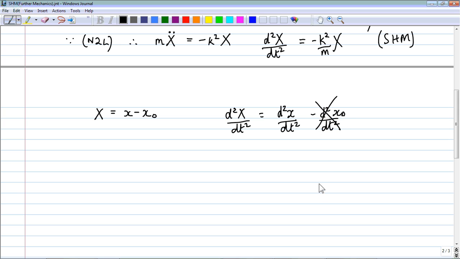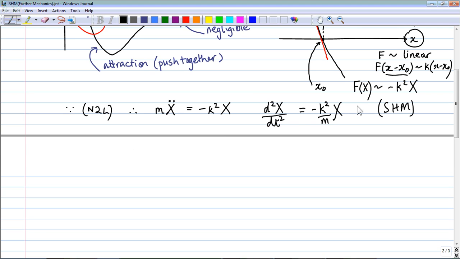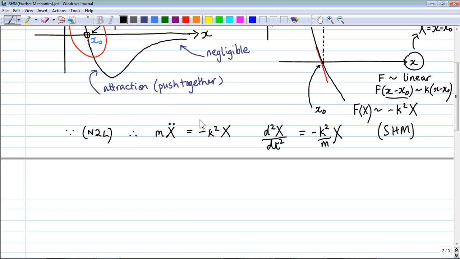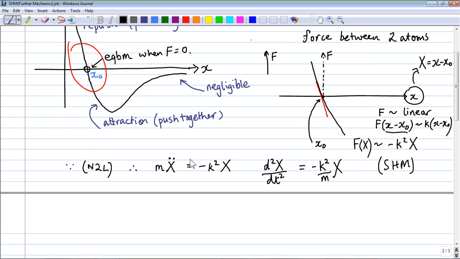And this is 0 because x0 is a constant number. Now I'm just mentioning that. It doesn't really have to affect your thinking too much. It just allows you to remember that when we make a linear substitution of displacement variables, we don't affect derivatives. So that's the SHM equation.